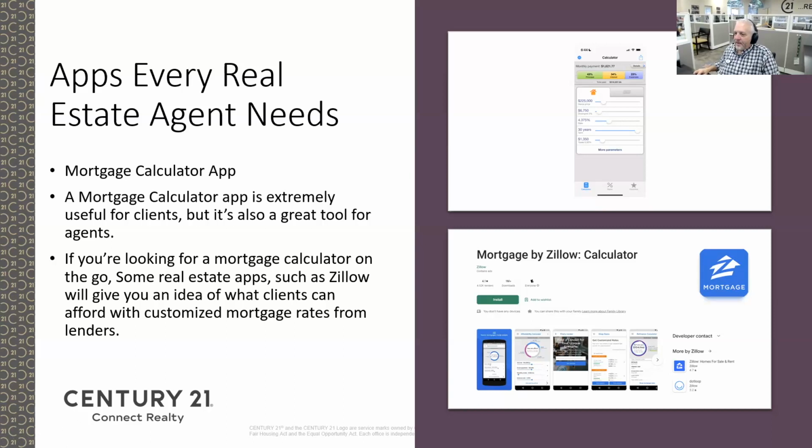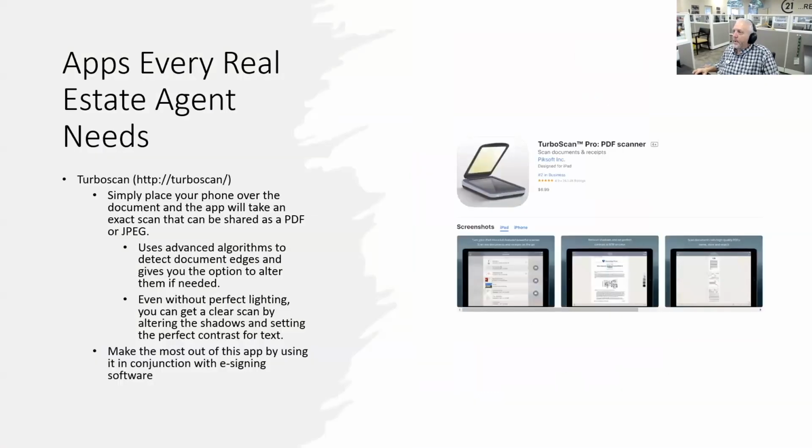So the next one after a mortgage calculator app is Turbo Scan or something similar to it, a scanning program where you can take a photo on your phone and that photo becomes a scan. Danny, who was on the call today, went to a closing with me yesterday.